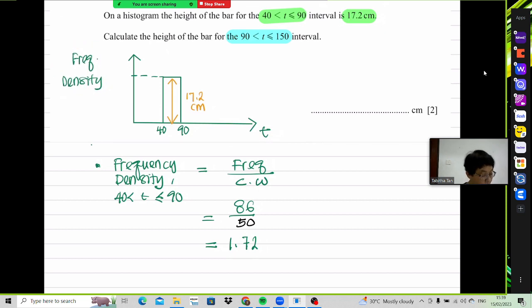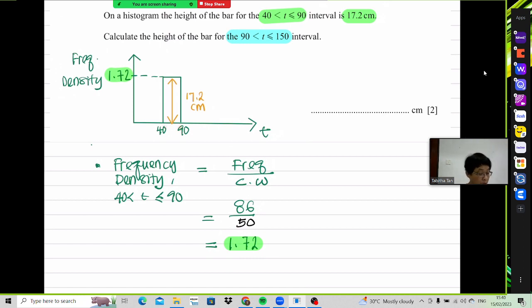So what is the meaning of 1.72? It is here. 1.72 is the frequency density, for which interval? Between 40 to 90. So this is the meaning.